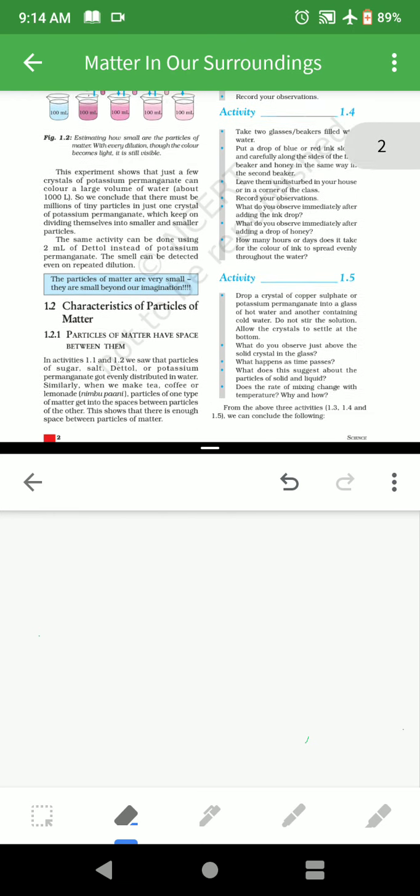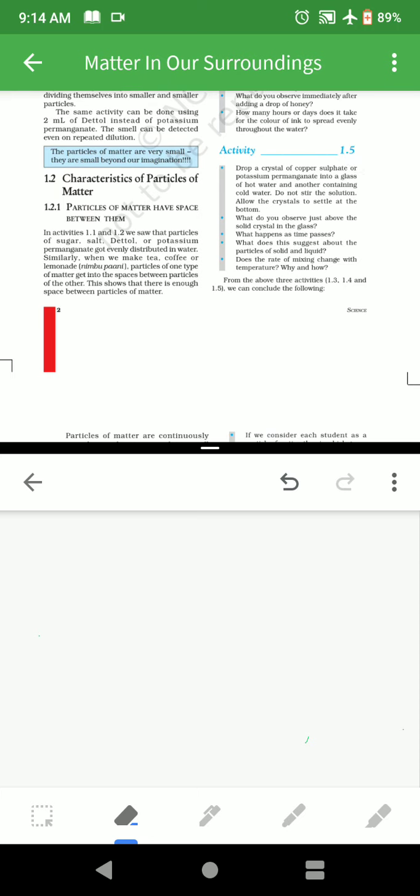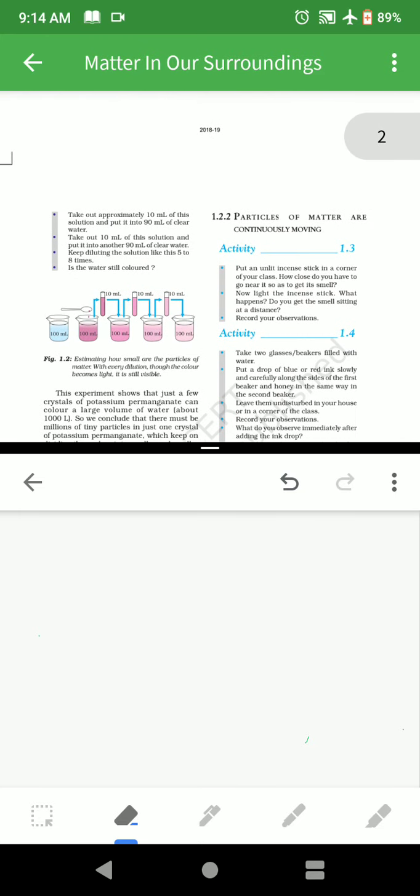And after that, we have discussed the first characteristic of particles of matter, that is particles of matter have space between them. Now one more characteristic, that is particles of matter are moving continuously. That's it.